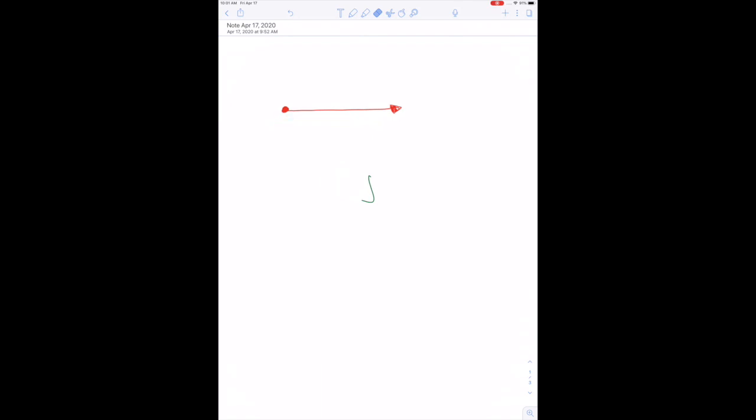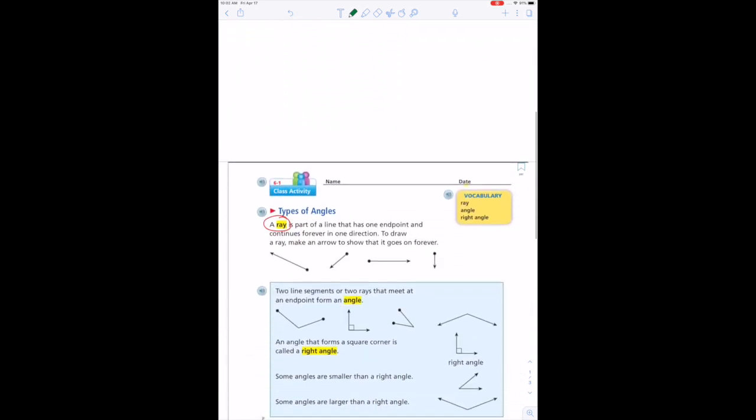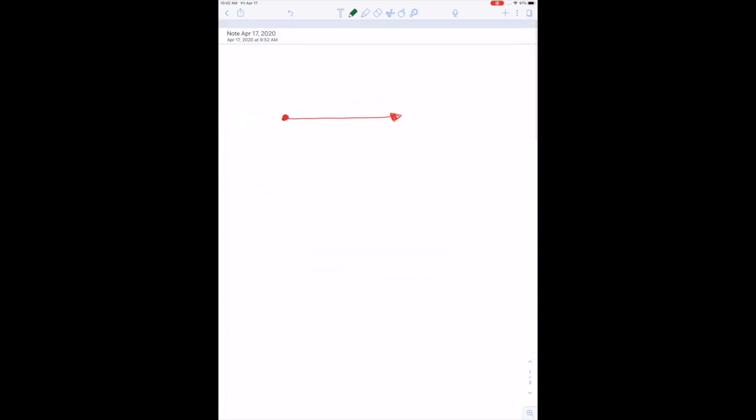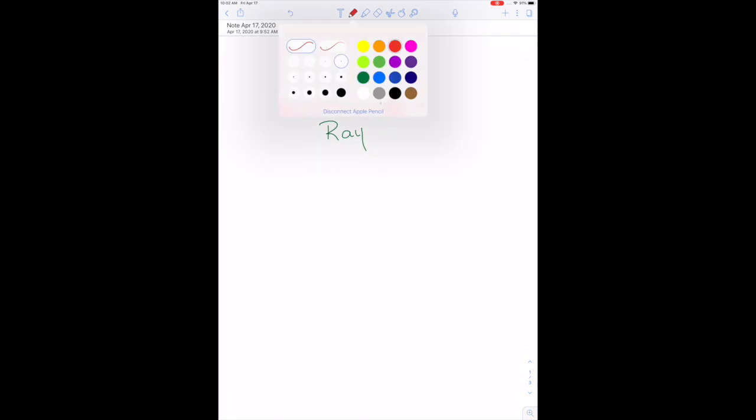Now, an angle. Let's come back down in here. When we have two rays or line segments that meet, let's talk about a line segment. I'm getting ahead of myself. A line segment is a similar thing, except we have a starting point and an end point.